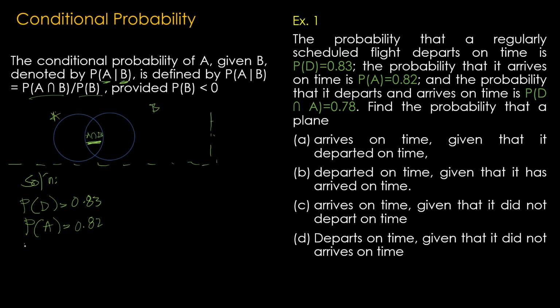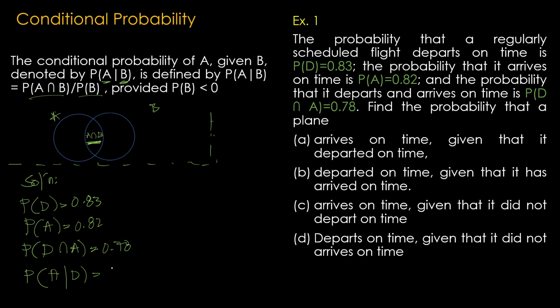And the probability that it departs and arrives on time is equal to 0.78. The question is, find the probability that it arrives on time given that it departed on time. Okay? So, the probability that it arrives on time given that it departed on time.